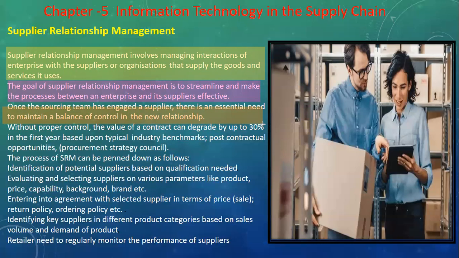If there is a difference between the delivery and the order fulfillment, then you need to check and try to find out what factors are impacting this process. Without proper control, the value of a contract can be degraded by 30% in the first year.